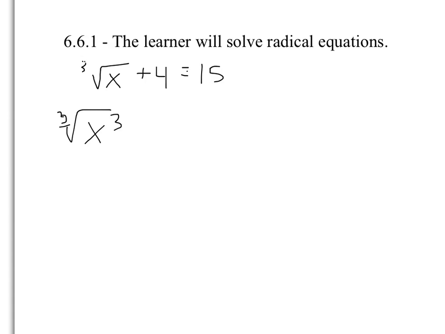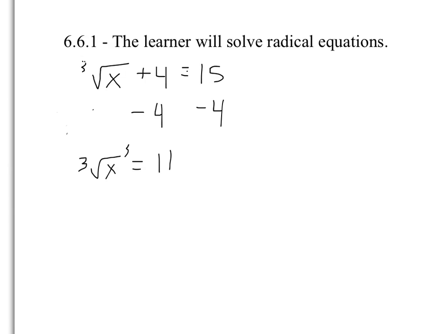So if we have a cube root, we're going to cube both sides, but first we've got to get it by itself. So let's go ahead and isolate the variable here. Let's subtract 4. The cube root of x is now equal to 11.